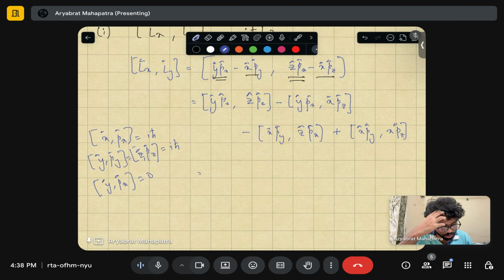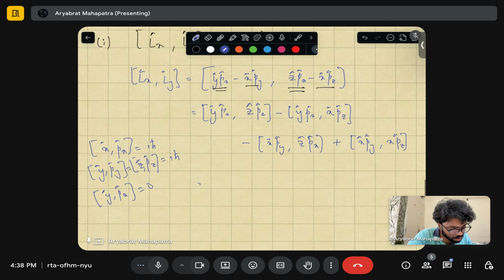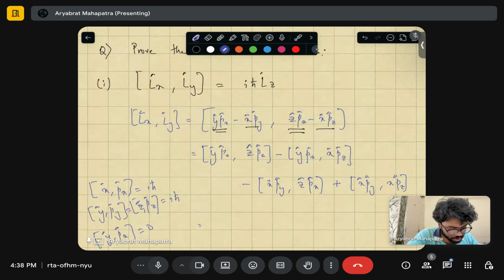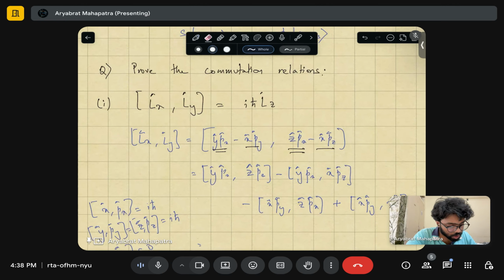Using this, what we can do, suppose pz, I've made a small mistake here.